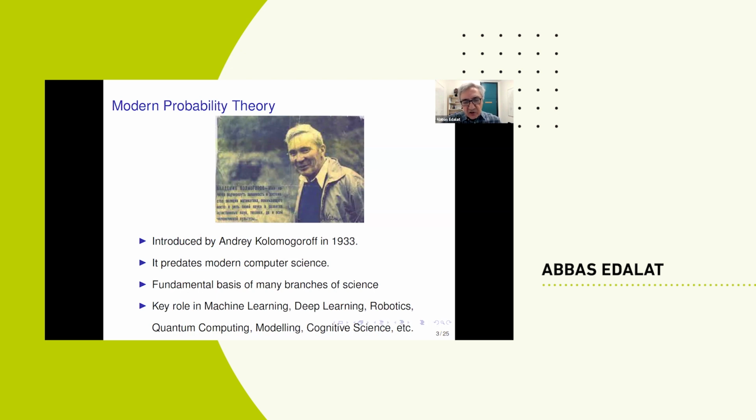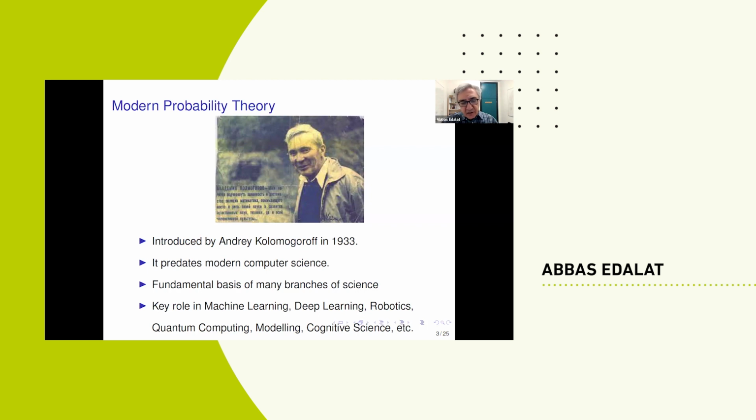His axiomatization of probability theory, his consistency conditions for stochastic processes are the standard notions in probability theory and stochastic processes. It, of course, predates modern computer science, and it's been fundamental in many branches of science.